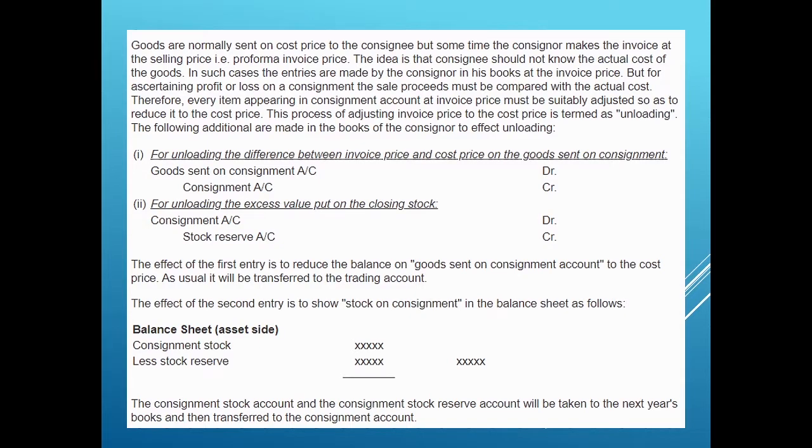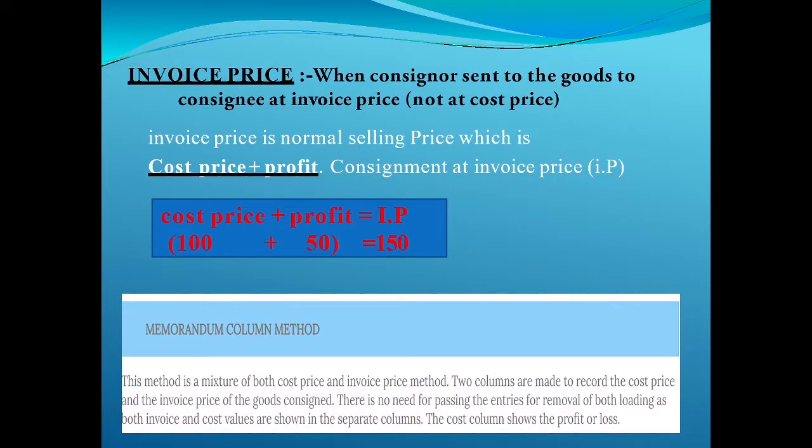Instead of letting him know the exact profit in each unit, the consignor makes the invoice at the selling price, adding the profit also. Invoice price is equal to cost plus profit. 100 rupees is the cost, the profit is 50, and 150 is the invoice price.